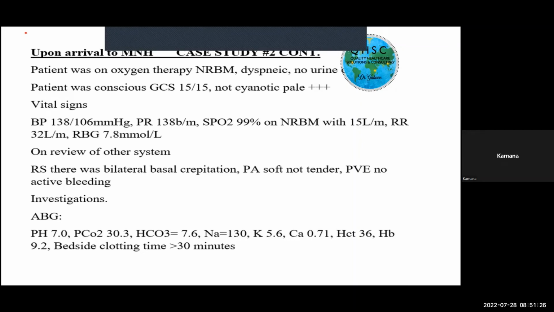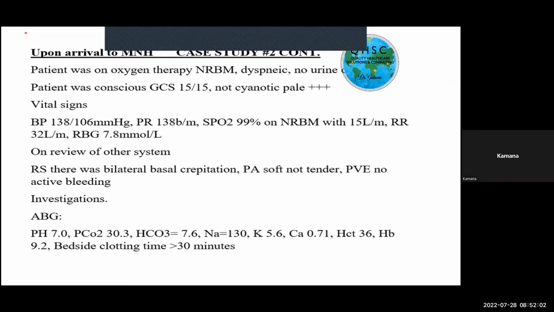When she arrived, ABG was taken, and the result was as indicated there in the case notes. Also, at our setting, we developed the management. We continued with the management, where we give aminophylline 250 milligrams in 50 mls normal saline to run for 30 minutes, 8 hourly.